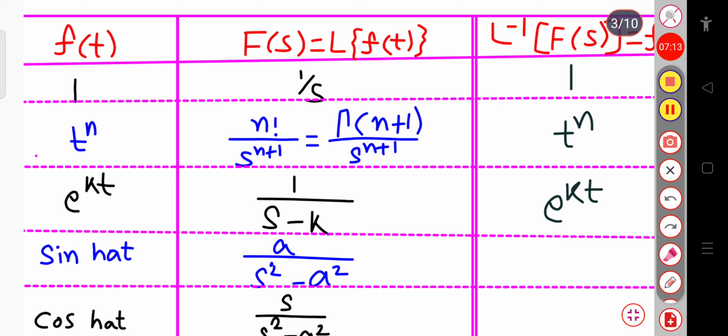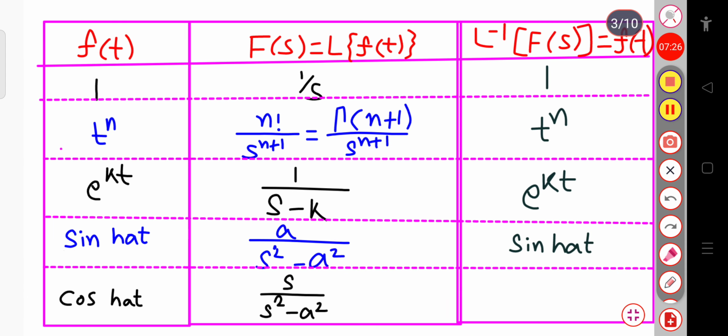And the Laplace inverse of a by s square minus a square is sine hyperbolic at, and the Laplace inverse of s by s square minus a square is cosh at. Similarly, suppose my function is f of t equal to sine at.